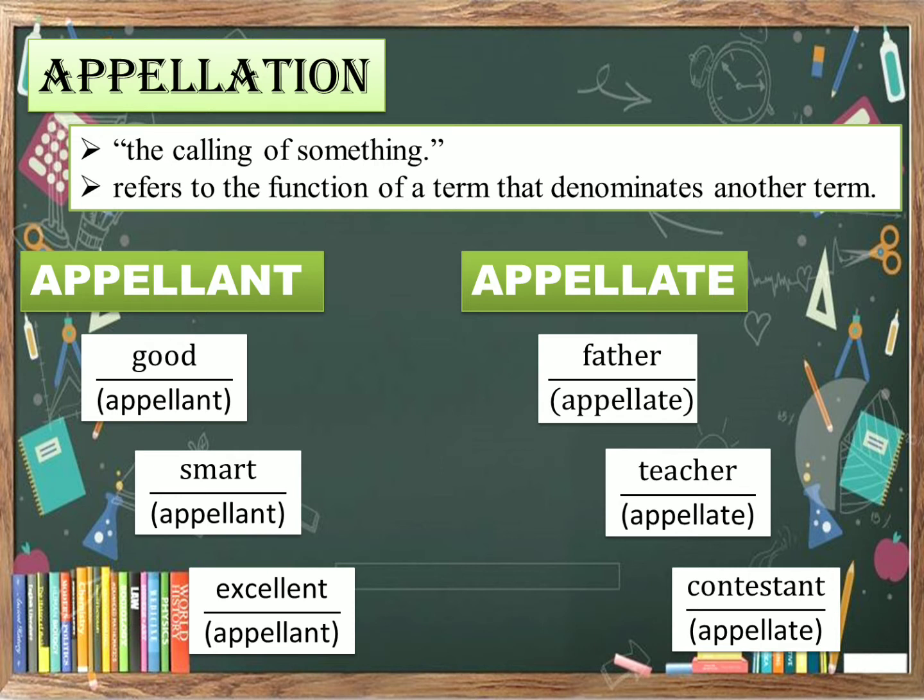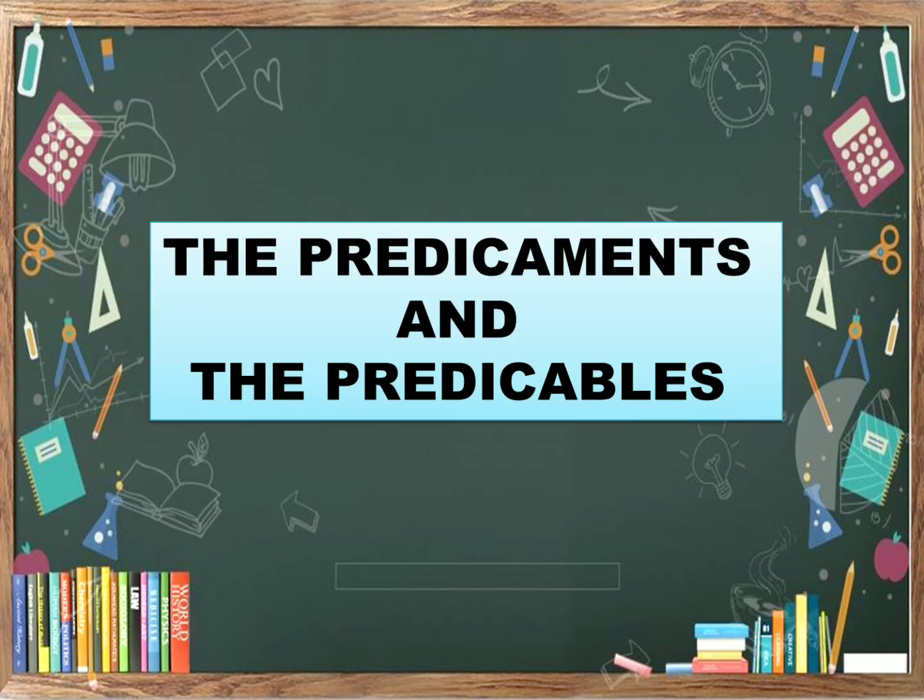Where an adjective describes a noun, the appellant describes the appellate. Example, the appellant of father is good, and the appellate of good is father. So now let's proceed to predicaments or categories and the predicables.